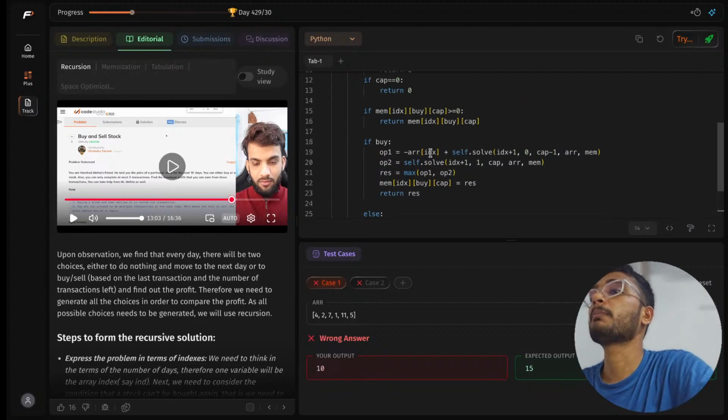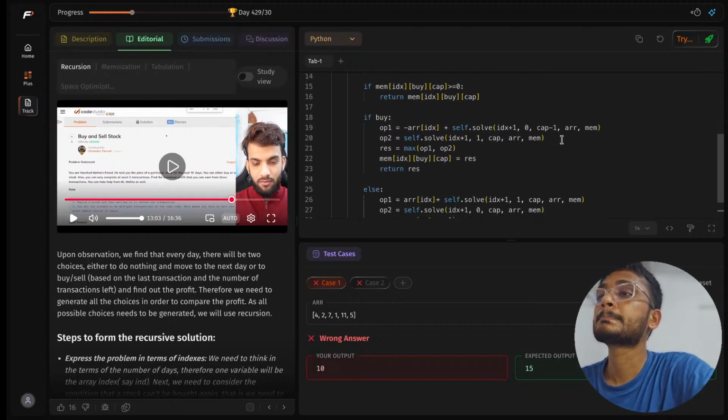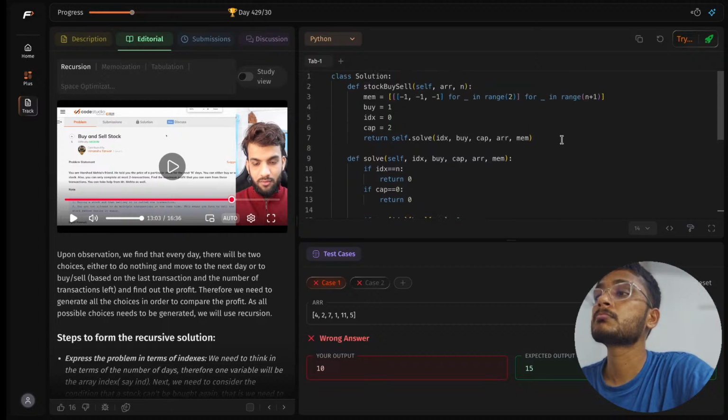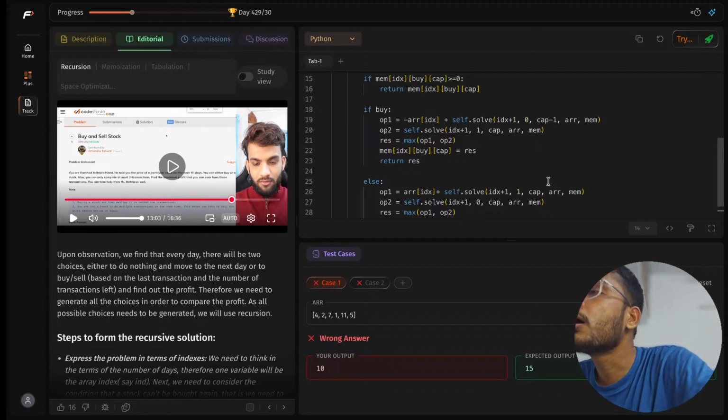You just made a buy option, then your buy will become zero, capacity will be capacity minus 1 because you already bought something, you have still one capacity, so at the starting it will be 2. By array of index self.idx.